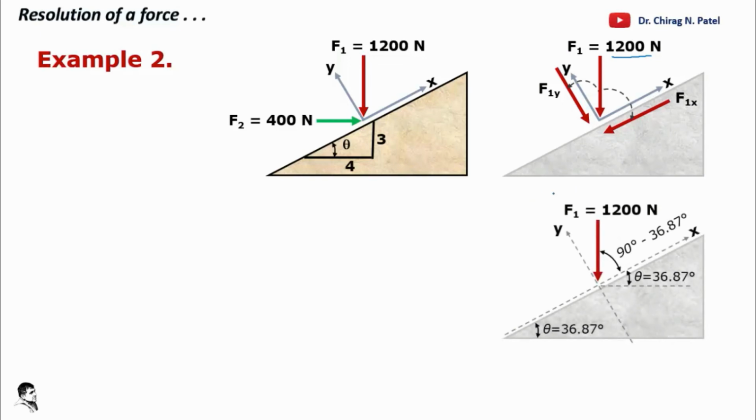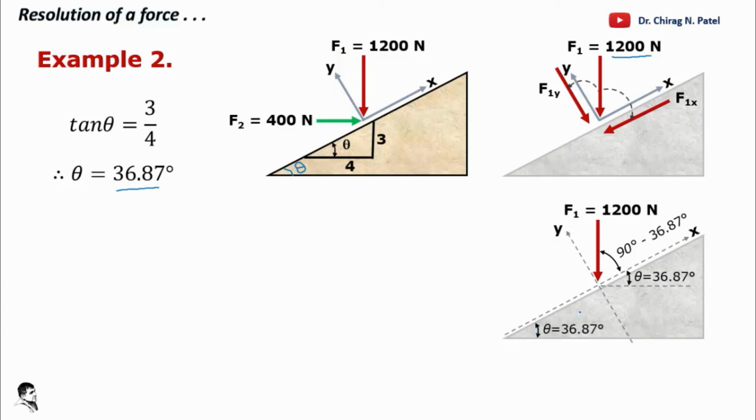Before solving for the components, we first find the theta angle. What is the theta angle available here? Here it is given that tan theta is equal to 3/4. So the theta value comes out to 36.87 degrees. Is it clear?